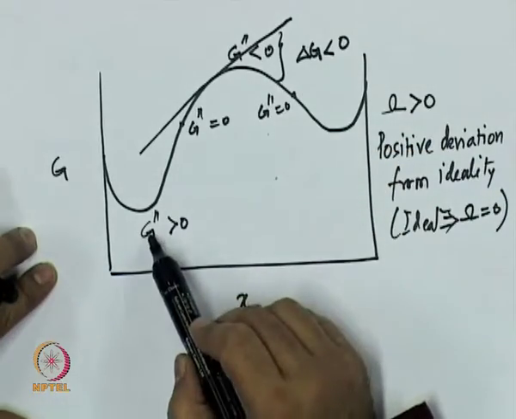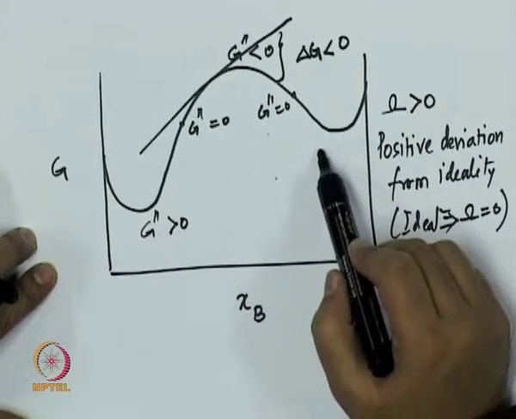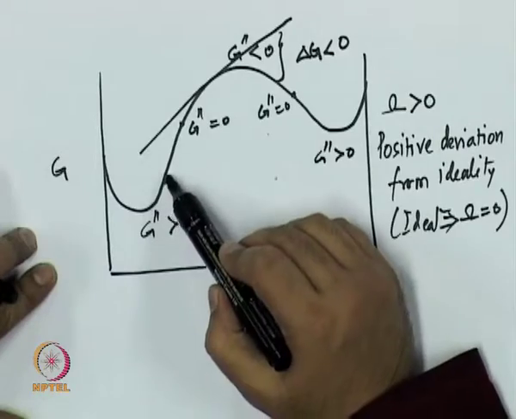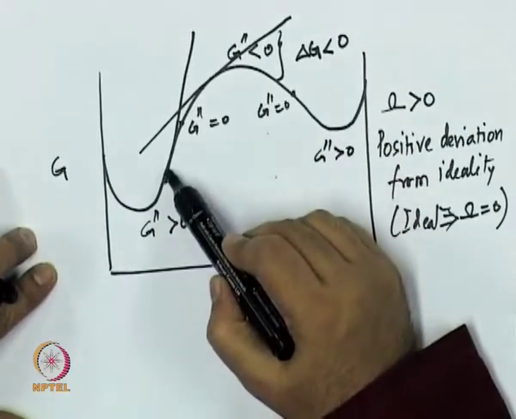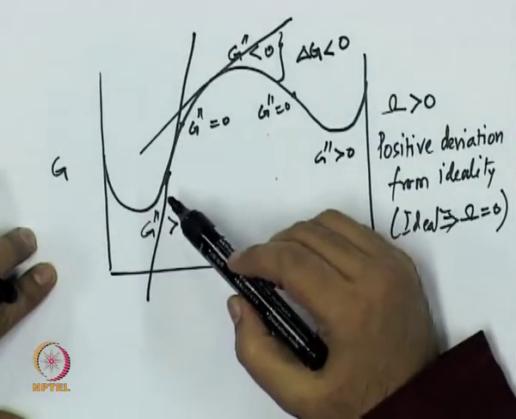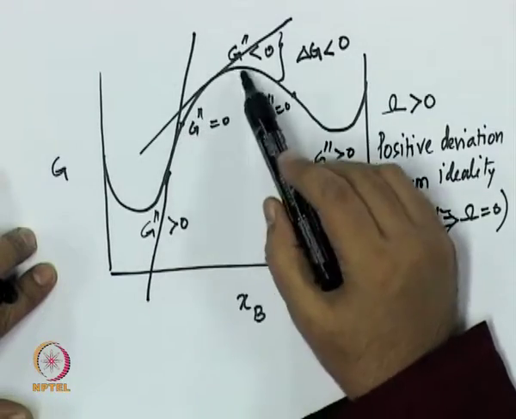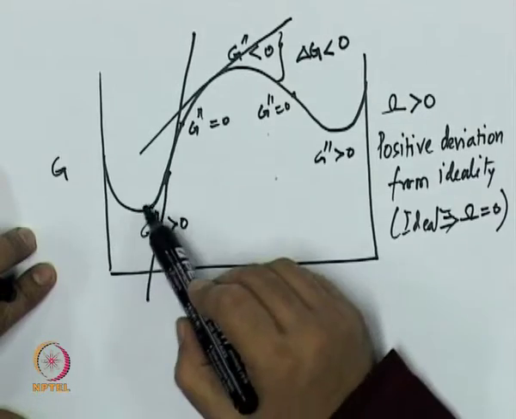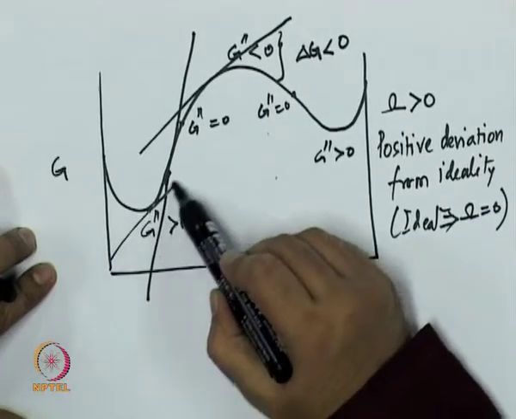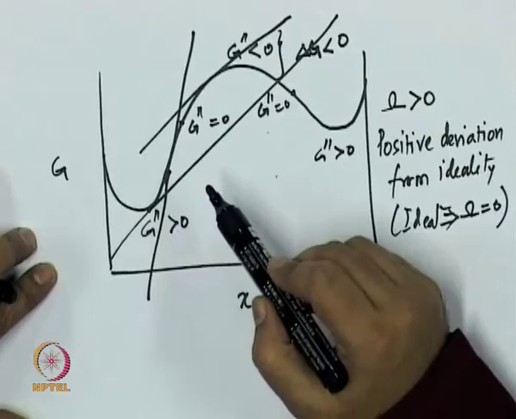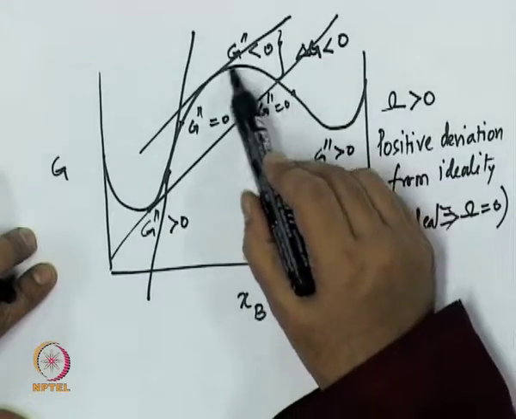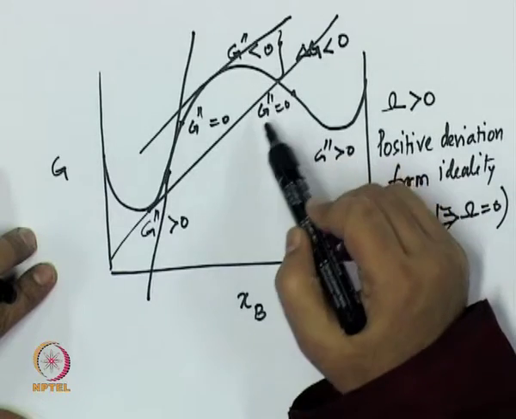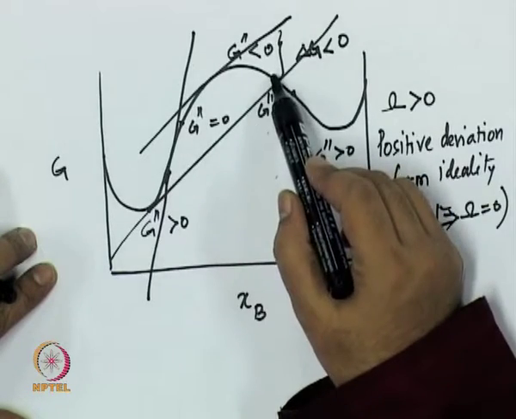On the other hand, when you have G double prime greater than 0, and here also G double prime is greater than 0, when you take some composition, you will see that if you draw a line, it will be like that. So, there will be some points. Let me take a proper composition somewhere like this. If you draw a tangent, you will have a tangent going like this. That means that there are points which are above this tangent line, which means this is the barrier it has to overcome.